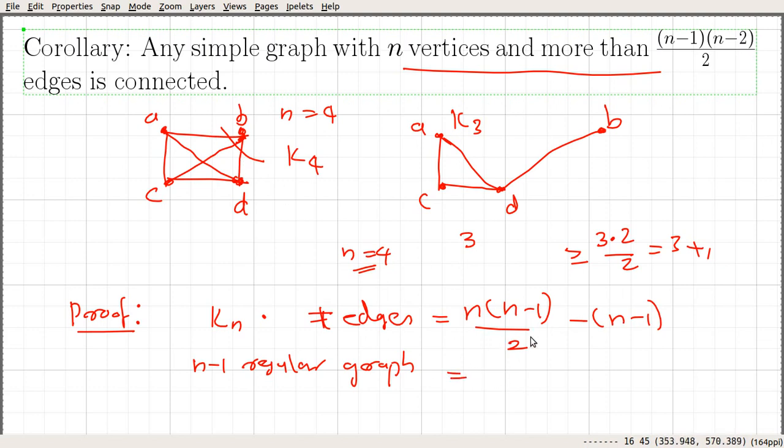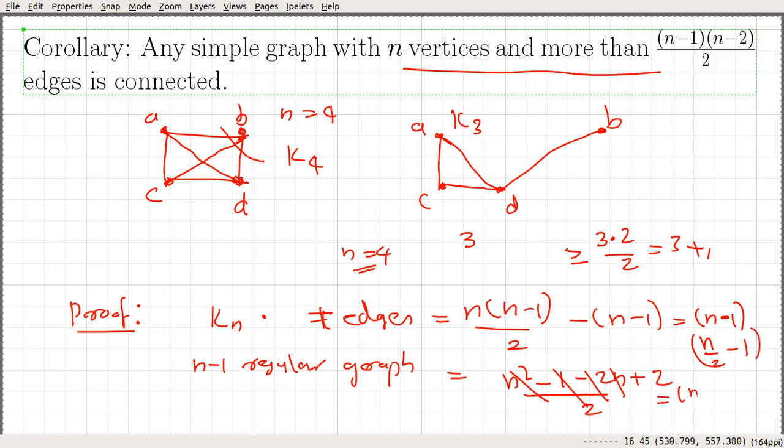If you simplify this, you get (n squared minus 1 minus 2n plus 2)/2. Or you can take n minus 1 out, and you are left with (n minus 2)/2, which is nothing but (n minus 1)(n minus 2)/2. So that's it. This is the corollary.